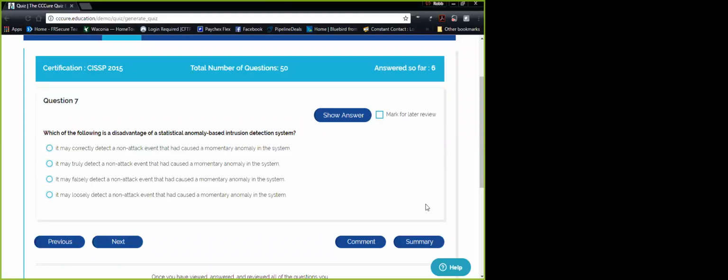Which of the following is a disadvantage of a statistical anomaly-based intrusion detection system? What do you guys read and think about that?